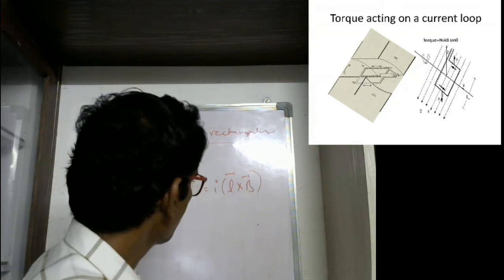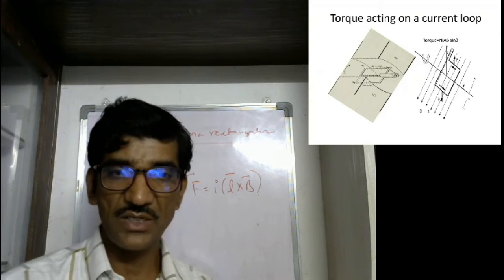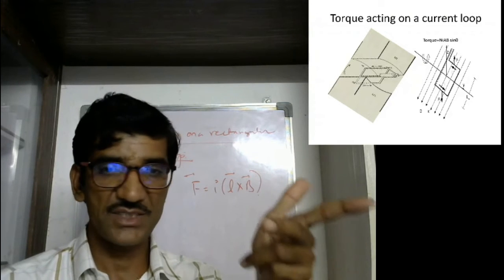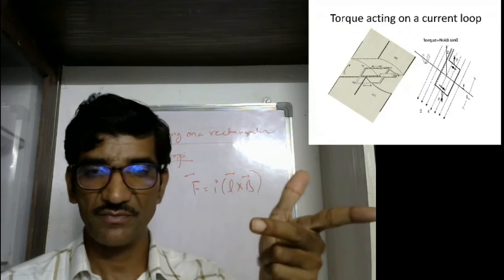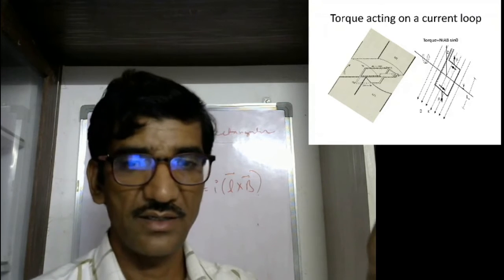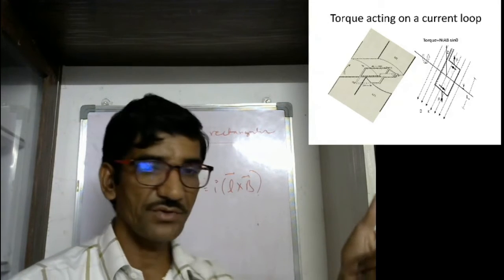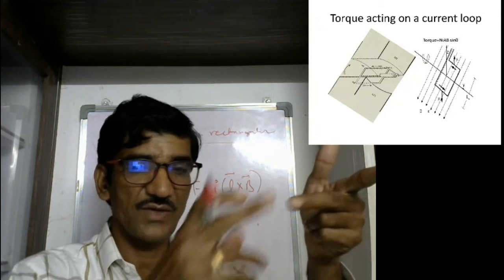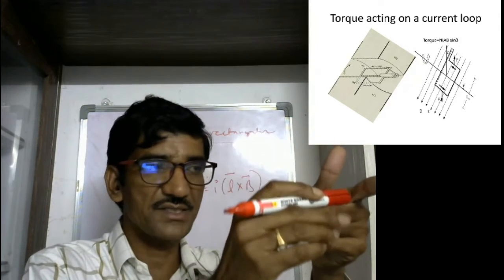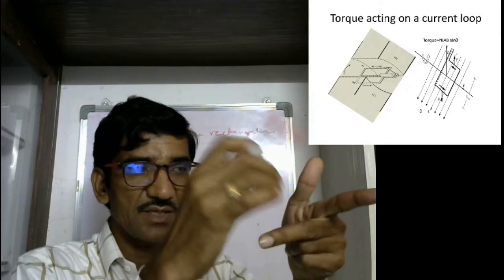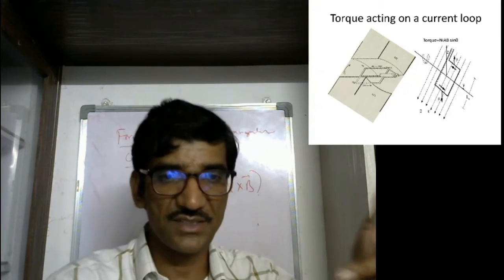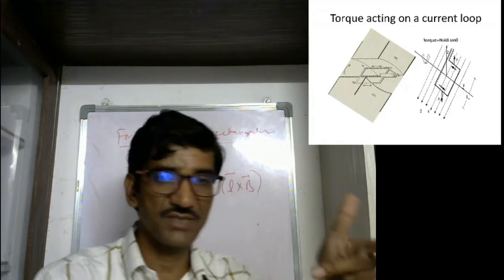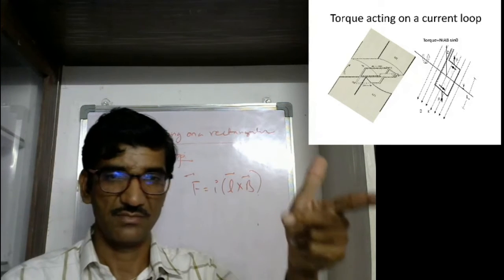Fleming's rule: if you take your three fingers perpendicular to each other, then if you align the middle finger along the current direction, and the forefinger along the field direction, then the force direction will be along the thumb.